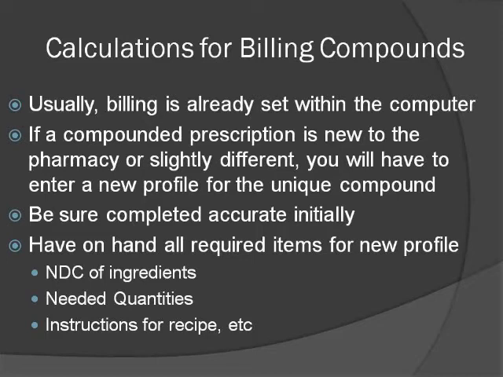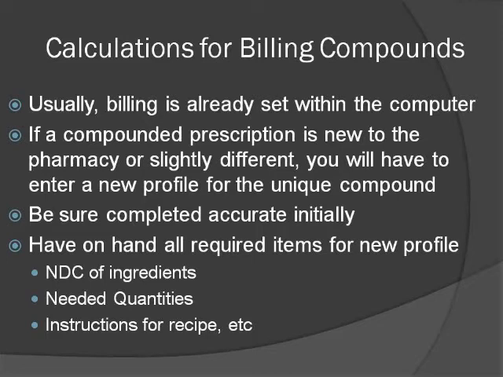So you want to be sure that when you do it initially that it is accurate, because then that's what technicians will use from here on out if they get an order that's the same as what you are putting in. So again, what you're going to need on hand, the required items for creation of this new profile includes the NDC of your ingredients, your necessary quantities.